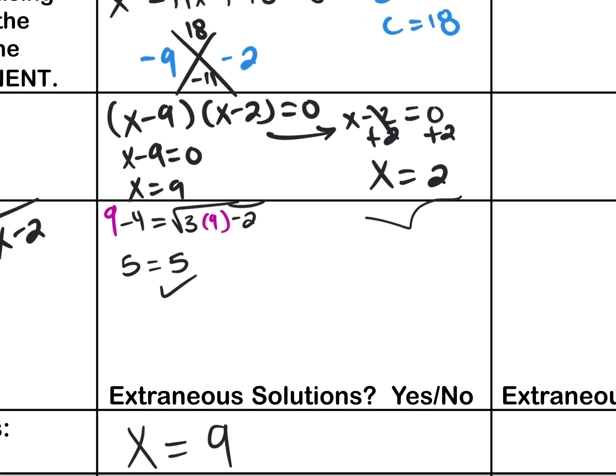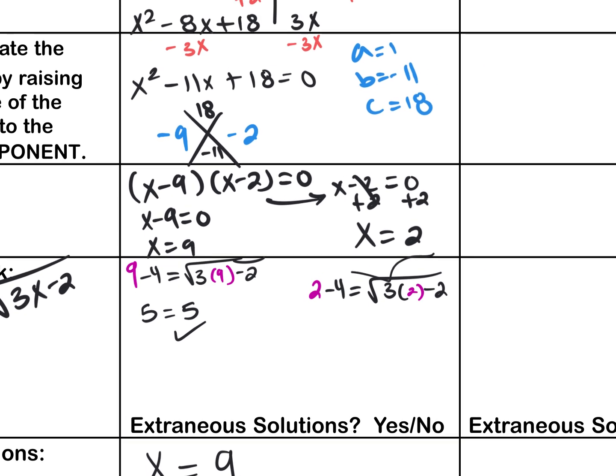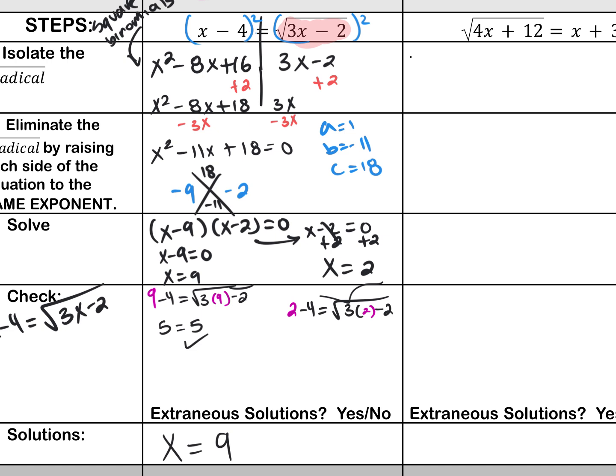And then I check my other answer. We do 2 minus 4 equal to the square root of 3 parentheses 2 minus 2. 2 minus 4 is negative 2. And then the square root of that on the calculator, I think it gave me a 2.